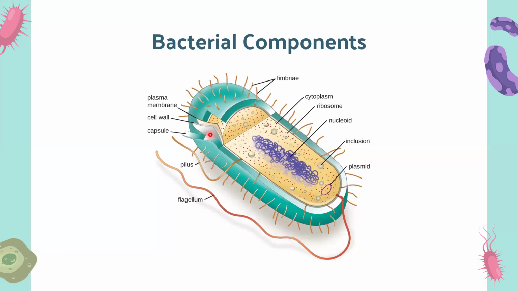After the cell wall, we go inwards to the plasma membrane or the cell membrane. This is a gel-like matrix composed of a lipid bilayer, similar to the human cell membrane. It is the most important carrier of what is called the penicillin binding protein.